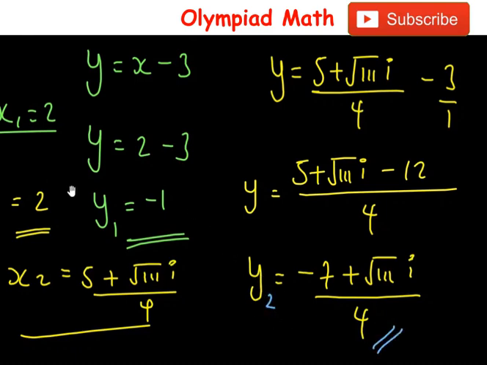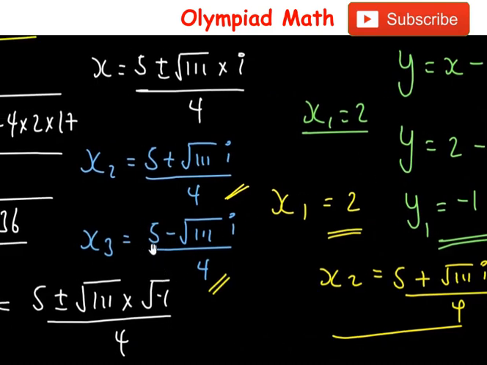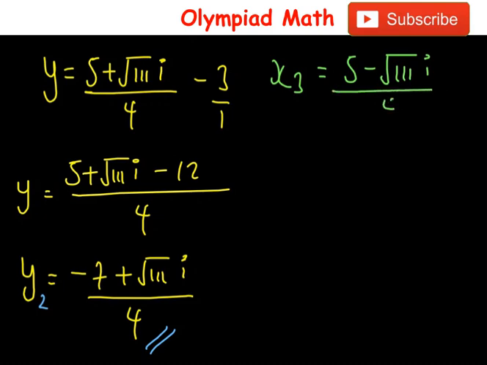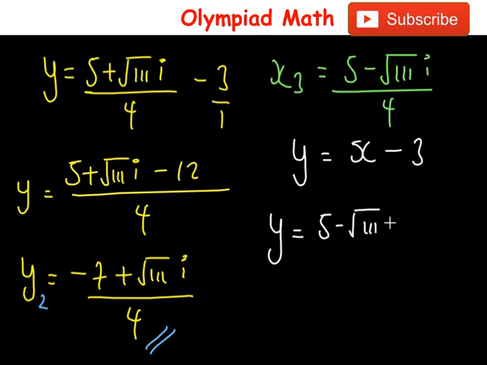Okay, so y for the third solution of x, equal to 5 minus root 111i over 4, we have this: the equation of y is equal to x minus 3. So input the value of x3 as this, y is then equal to x, which is 5 minus root 111i over 4, minus 3. 3 can be written as 3 over 1.